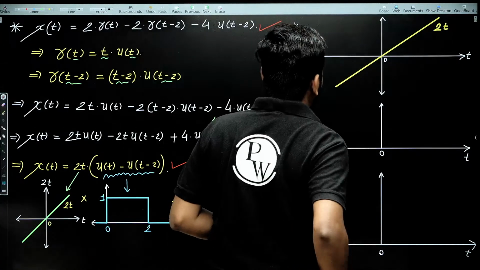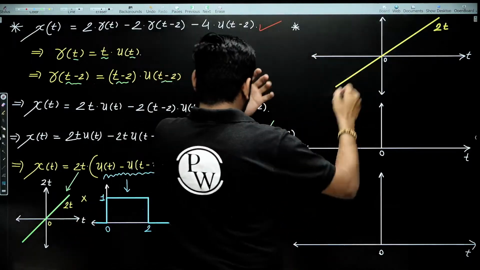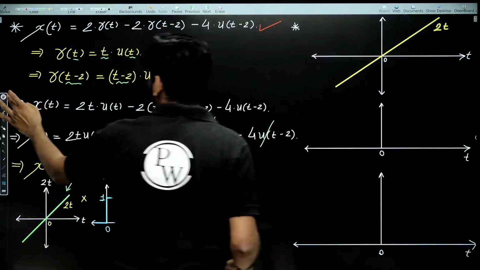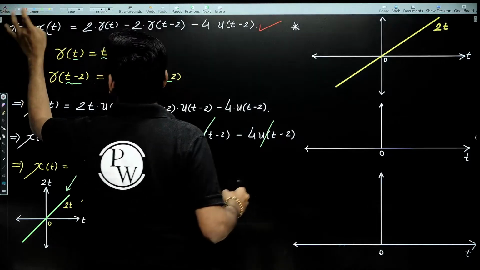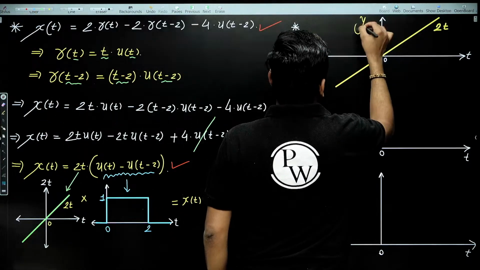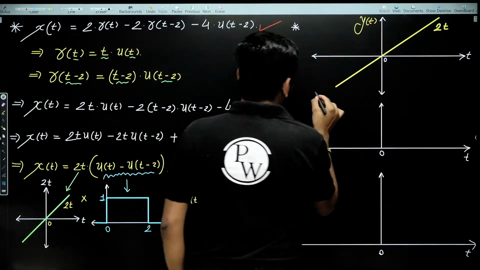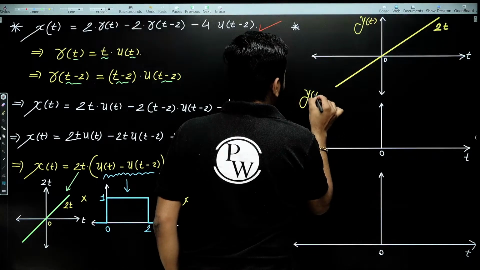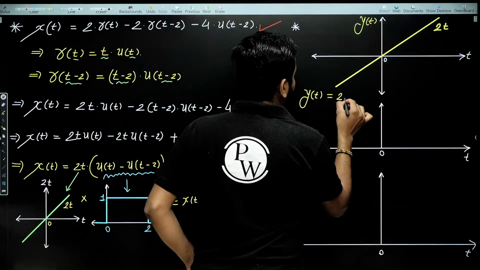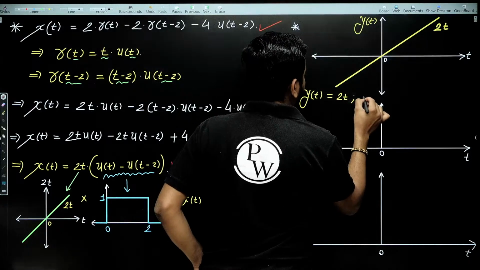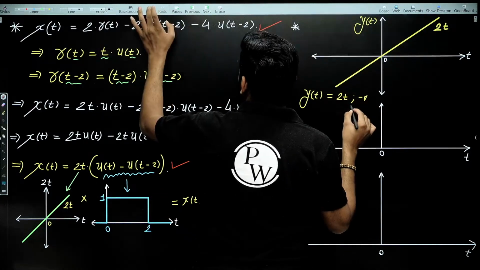This is the line equation 2t, guys, and here this is 2t. Suppose this function is y of t. So this y of t is a line equation 2t between minus infinity and plus infinity.